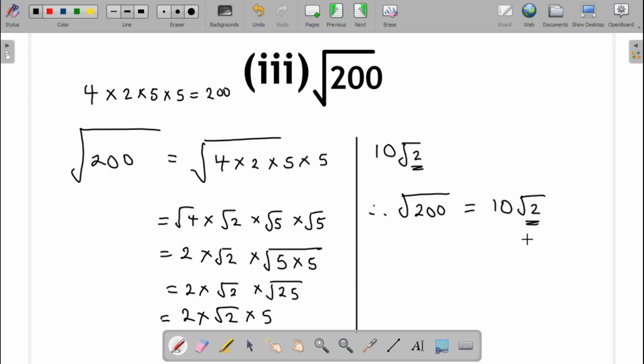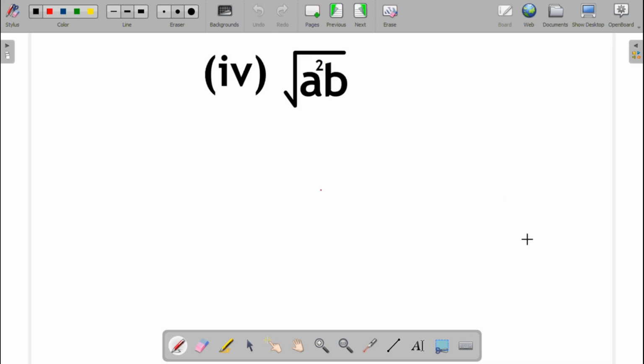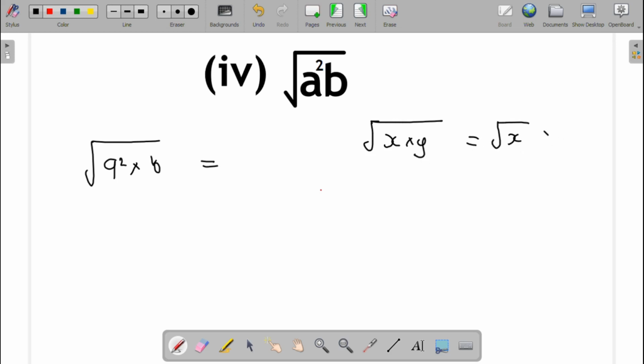Okay, good. Now the next question is this. We have to reduce root a squared times b to its simplest or basic form. So we have root a squared times b. Good. Now, to simplify this, following the rules of surd, that if you have root x times y, it can be simplified as root x times root y, right?